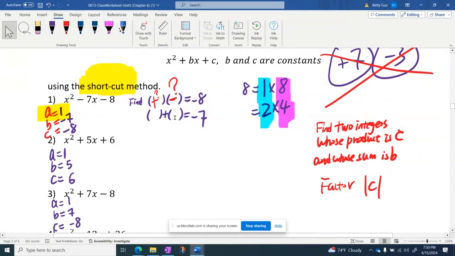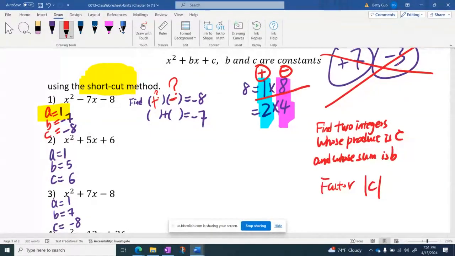Since we agree the negative number has a bigger absolute value, we place a negative sign on the purple and a positive sign on the blue. The two integers we are looking for have opposite signs, one positive and the other negative.